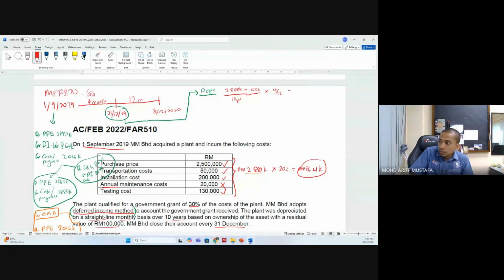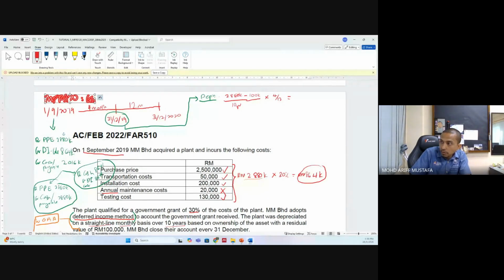Right? So after you times this one, you are going to get a value of depreciation of 2,780,000 divided by 10 years times 4/12. So you are going to get 96,000. Okay, correct me if I'm wrong, but I think you are going to get RM 96,000.